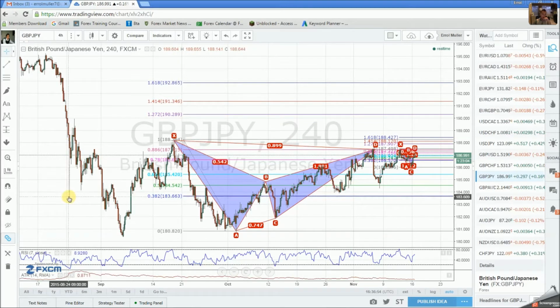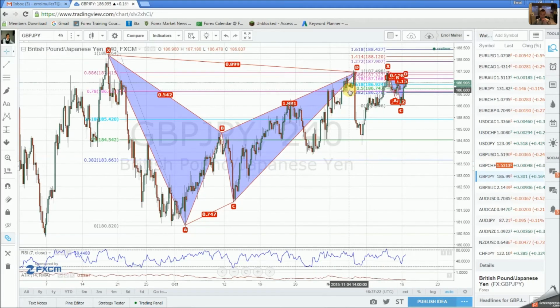This was actually a previous support, which broke, and we got a previous structure resistance, rolled down, we came back up for another previous structure resistance, we broke to the downside, we got a previous structure support, broke down, and at the delay completion here we had another previous structure resistance.